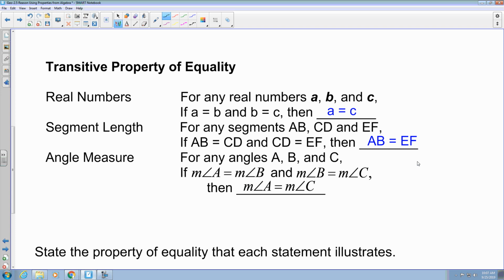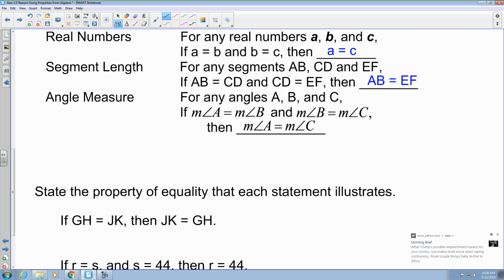If we say if P, then Q, and if Q, then R, we can make another statement if those statements happen to be true. Same thing goes with line segments. If AB equals CD and CD equals EF, then we can say that AB equals EF also. Angle measures: if angle A equals angle B and angle B equals angle C, then we can say that angle A is also the same measurement as angle C.